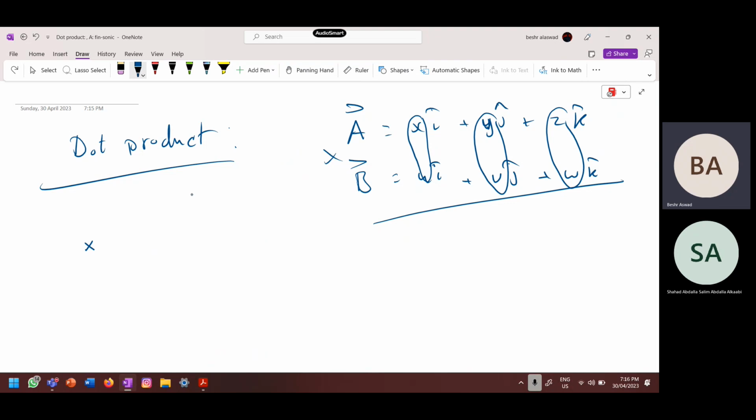A scalar is just a function or just a number, just a constant. It can be either a function or a constant. Remember this, don't make this misconception. So the result for A dot B is equal to xu plus yv plus zw.